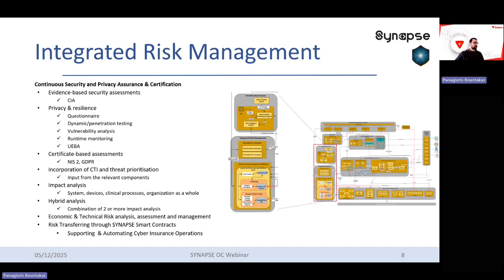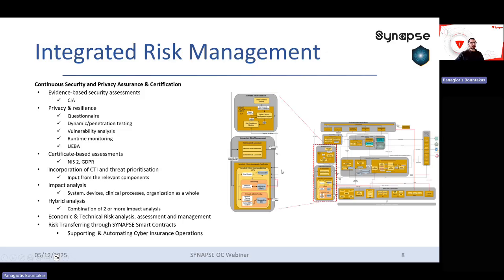And later on, the main component of Synapse is the integrated risk management. And this component offers two different functionalities. The first one is related with the security and privacy assessments that could be executed in an organization. All these security and privacy assessments are correlated with the asset modeling of an organization.